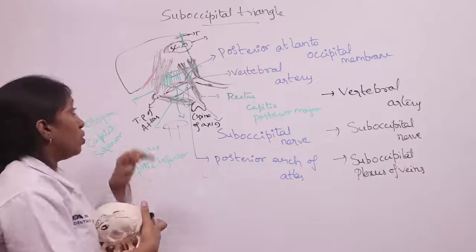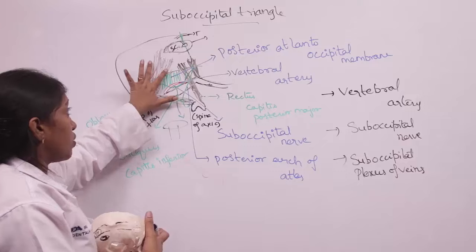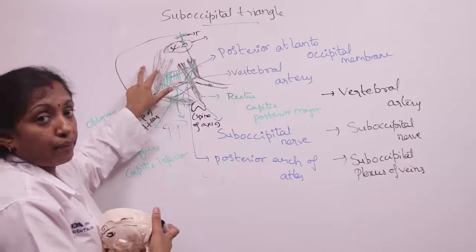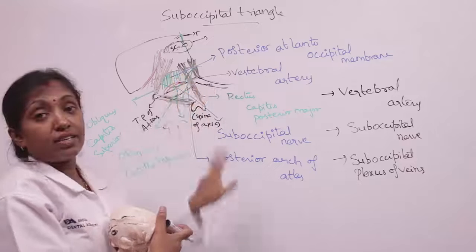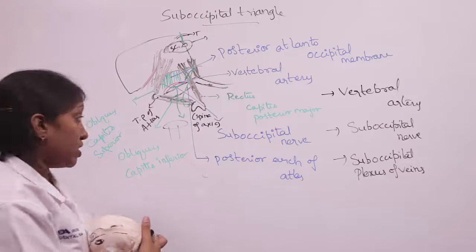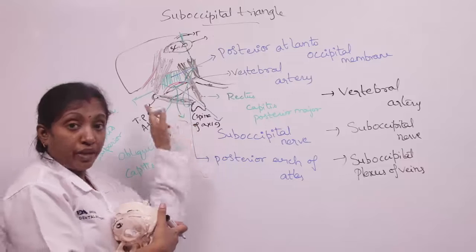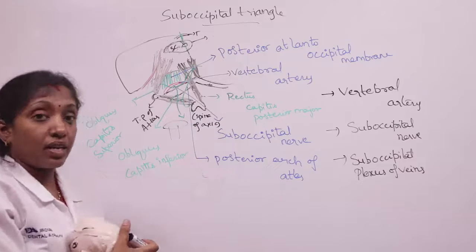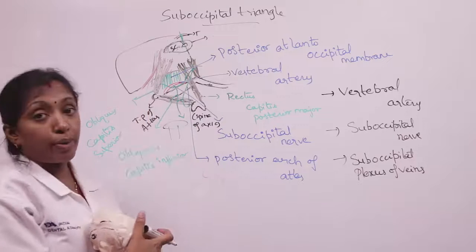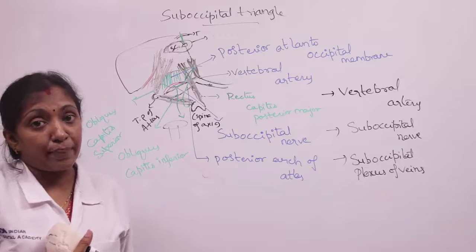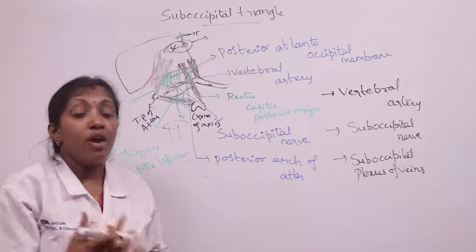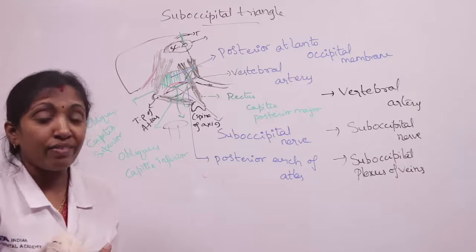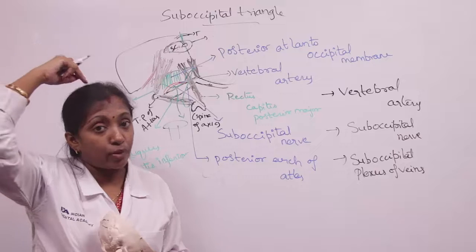So superolaterally, it is related to the obliquus capitis superior, superomedially it is related to the rectus capitis posterior major, and inferiorly it is related to the obliquus capitis inferior. The roof is formed by the longissimus capitis, semispinalis capitis, and also the inferomedial part of the roof consists of the greater occipital nerve, which is the thickest cutaneous nerve of the body, which supplies the posterior part of the scalp up to the vertex.